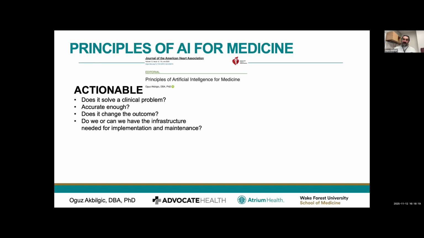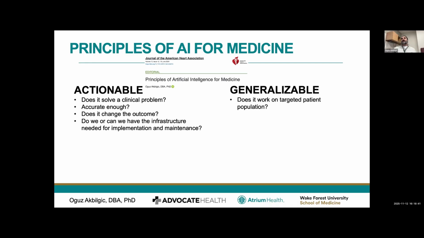Even more importantly, are we in an institute or healthcare program that has the infrastructure to embed this AI algorithm, not only to implement it, but also maintain it? So these are all different aspects that affect actionability.